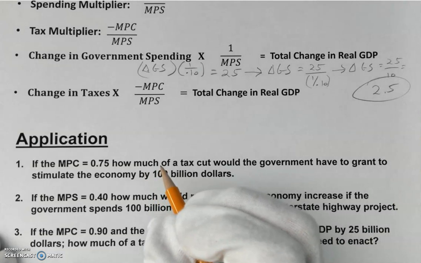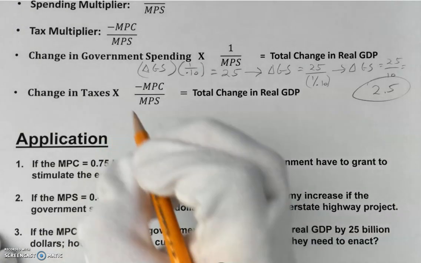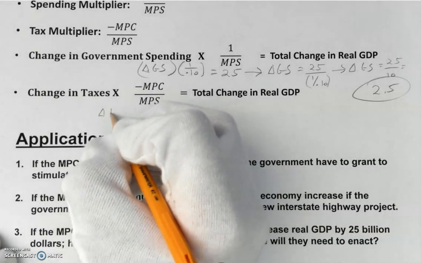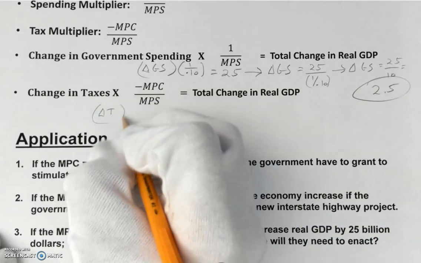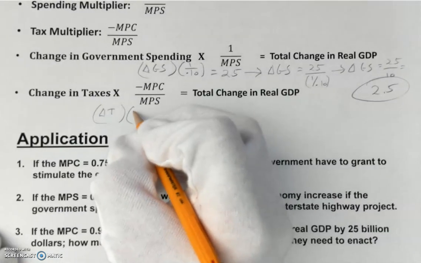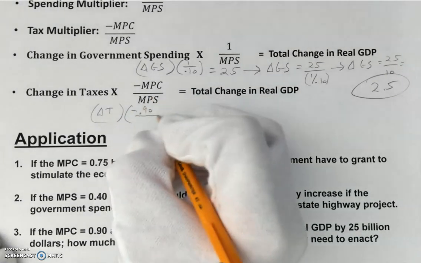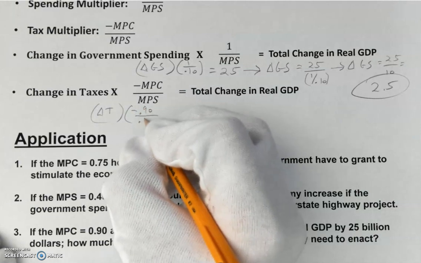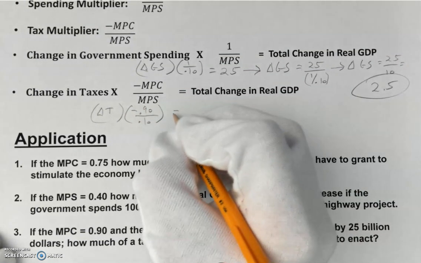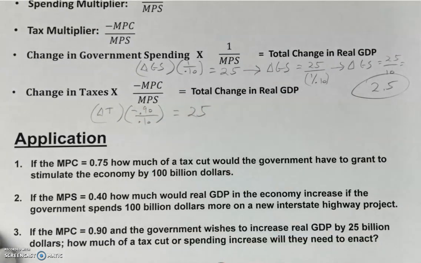Now, what if they want to use tax policy? If they want to use tax policy, then we can use this formula here. I'm going to put the change in taxes multiplied by negative MPC, which is 0.9, over MPS, which is 0.10, and that will need to equal 25.